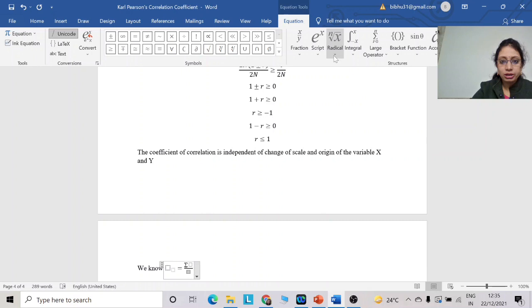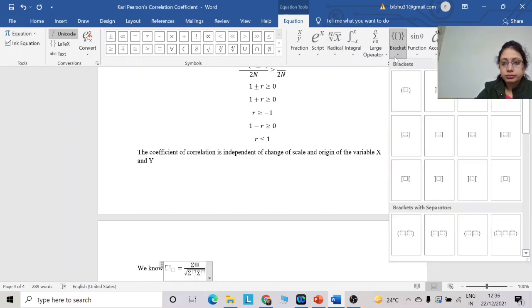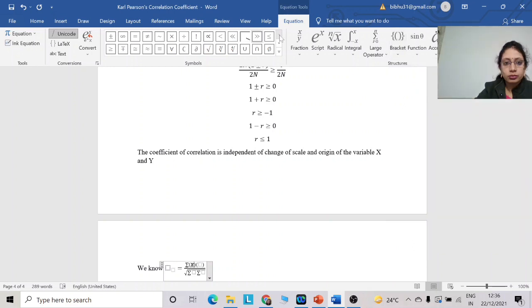So summation small xy, I can write it as summation x minus x bar, y minus y bar.